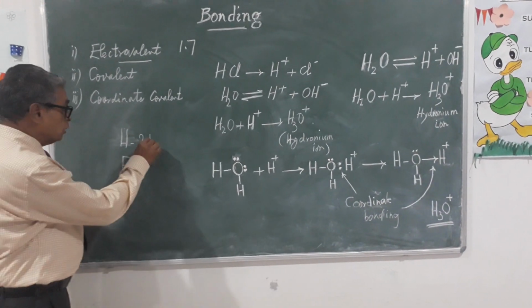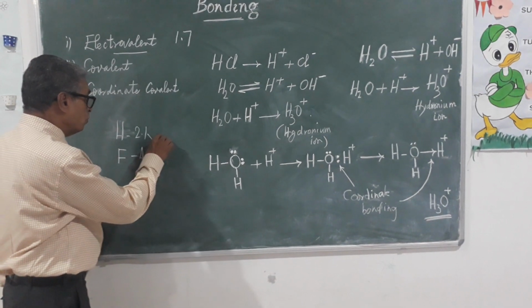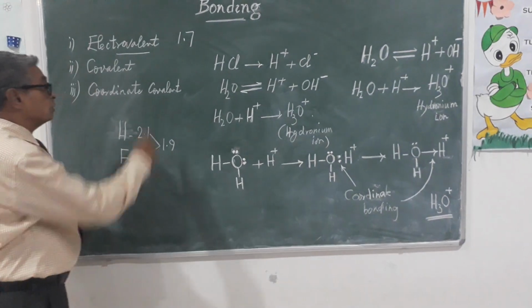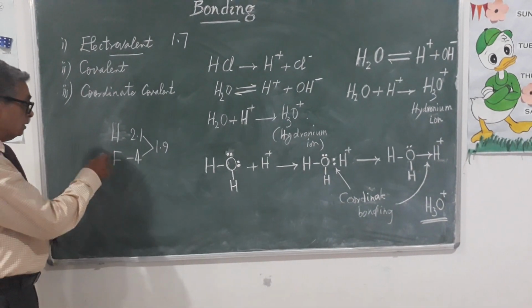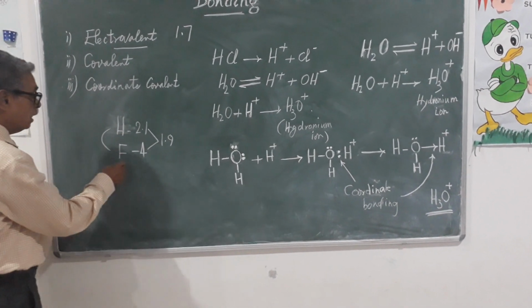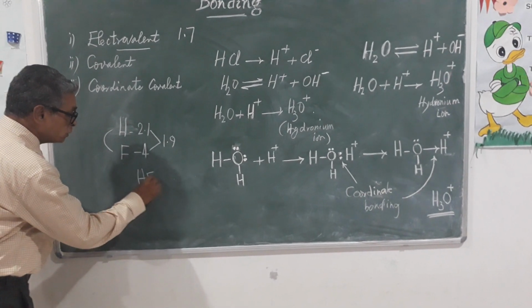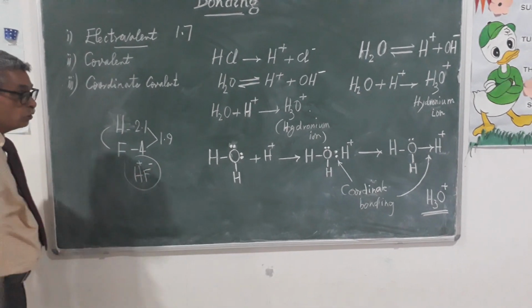The difference in electronegativity you can easily see is 1.9, which is more than 1.7. So the combination between hydrogen and fluorine to form hydrogen fluoride must be an electrovalent compound.